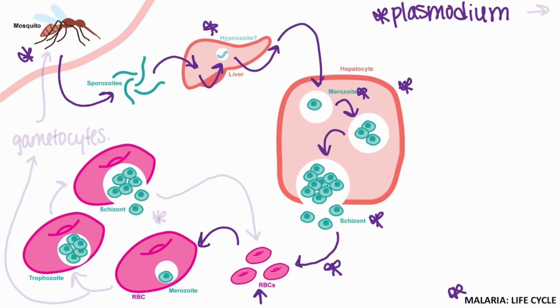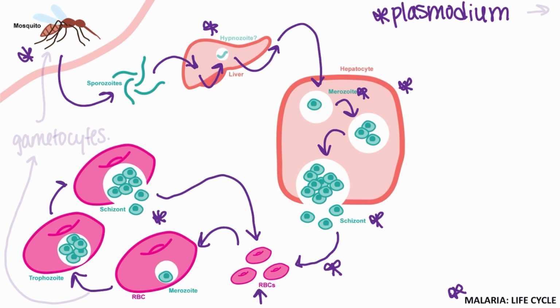So inside the red blood cells, the merozoites eventually mature into hemoglobin digesting or metabolizing trophozoites and further mature to eventually become a blood stage schizont. This is eventually going to cause rupture of that red blood cell and the release of new merozoites into the bloodstream to continue the cycle over and over again, leading to what you might predict with hemolysis and anemia, along with flu-like symptoms from the infection.